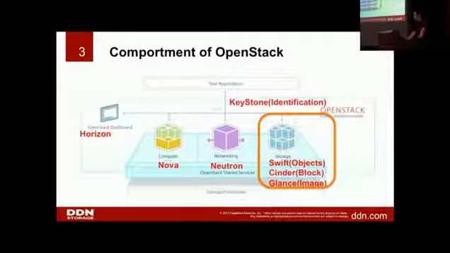One of them is Nova, which provides the VM infrastructure, the compute node. Neutron is also an important component, which provides the virtualized network infrastructure in OpenStack. The storage side is the main topic today.